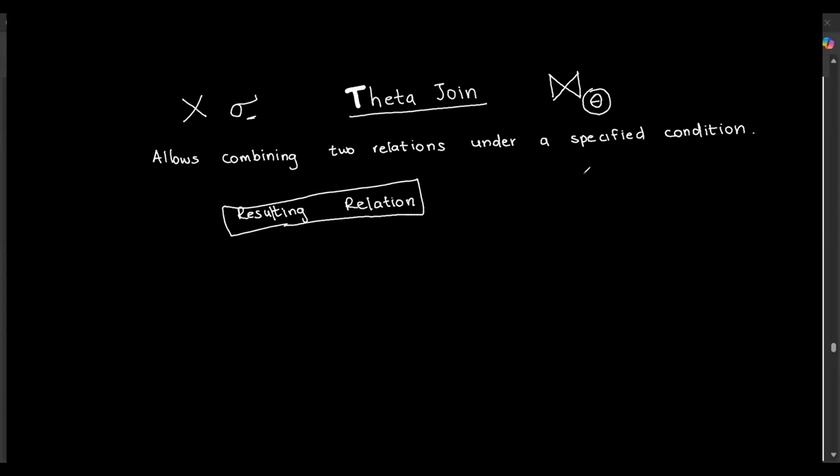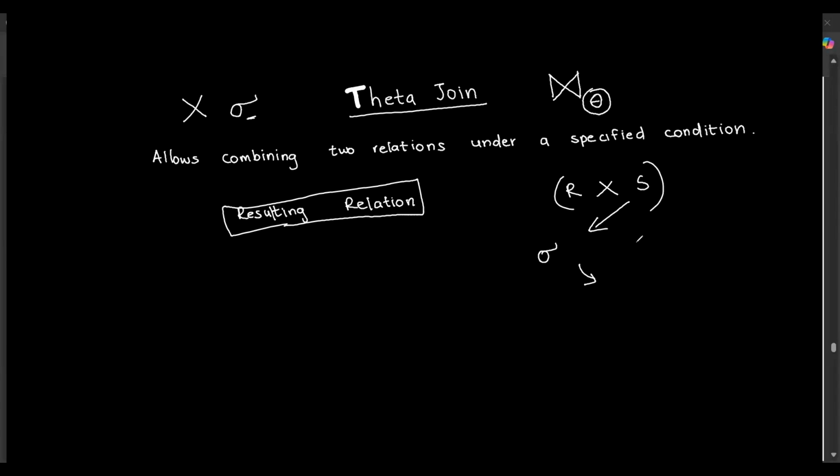If you have two relations R and S and you do a cross product, this will be nearly the resulting relation of theta join. Since we are using a selection, theta join will produce only a subset of tuples in this specific relational instance. That's what theta join is.